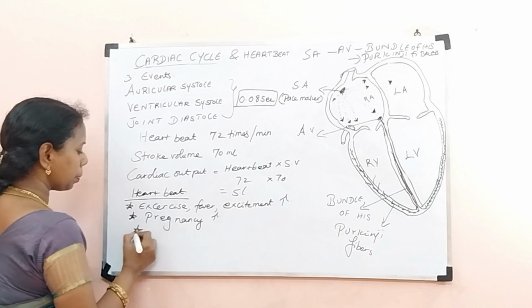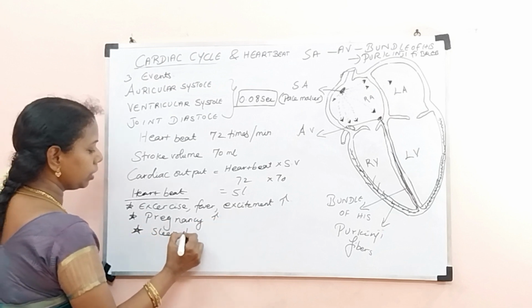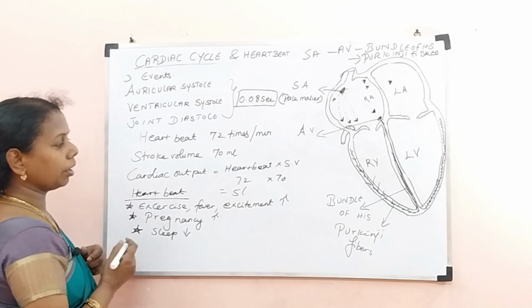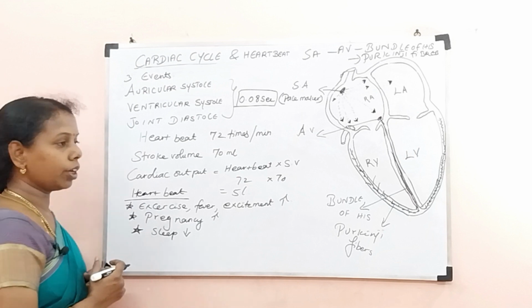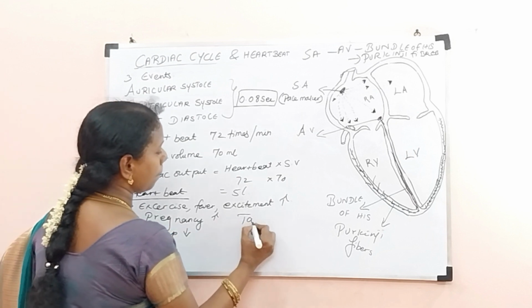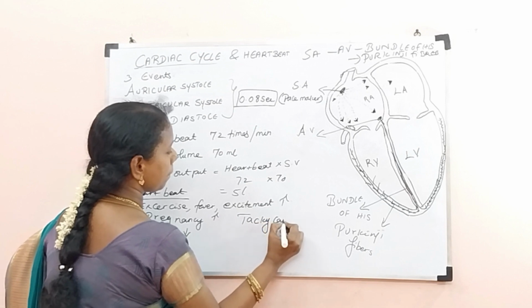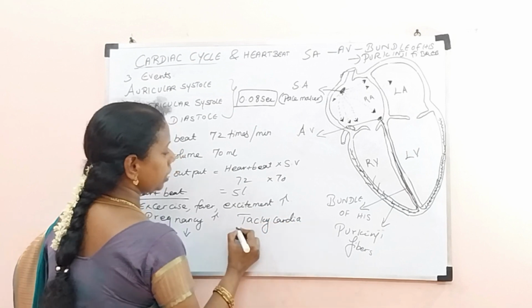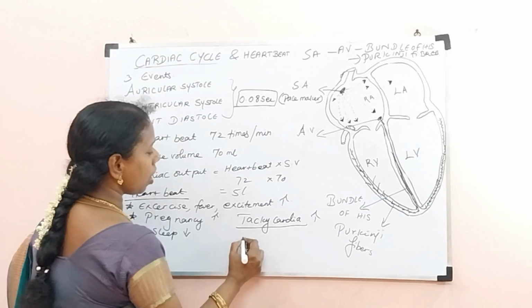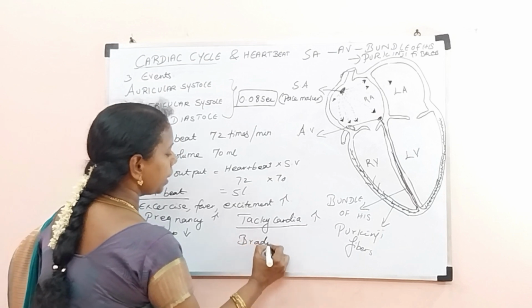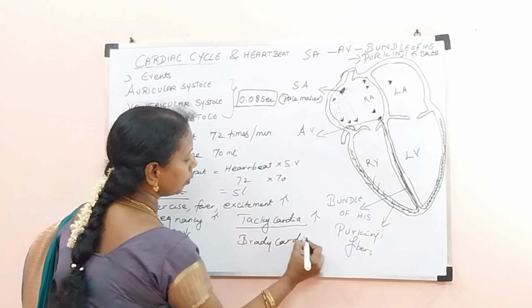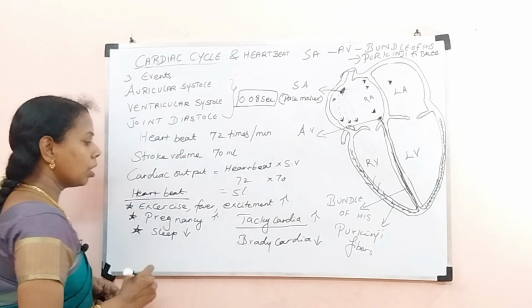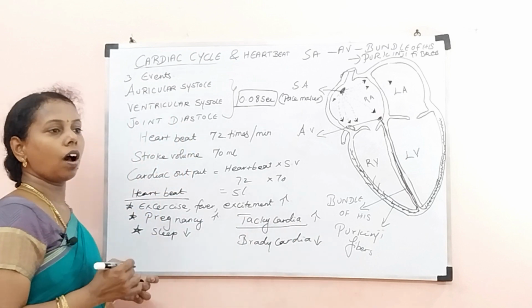When we are asleep, of course it will decrease. The increase of heartbeat we call tachycardia, increased heartbeat. Decreased heartbeat we call bradycardia. So this is regarding the heartbeat.